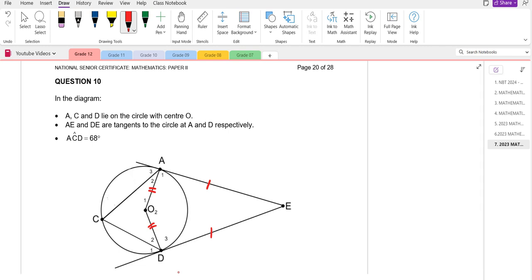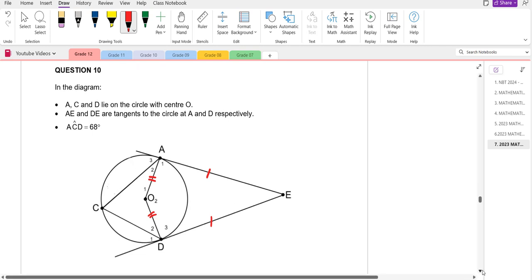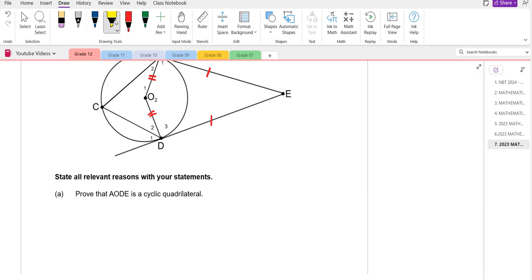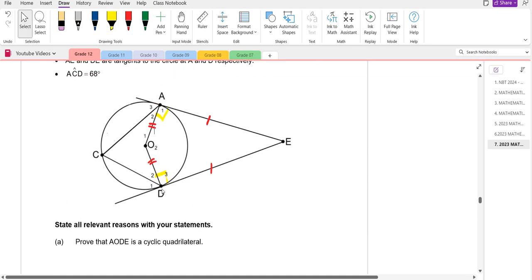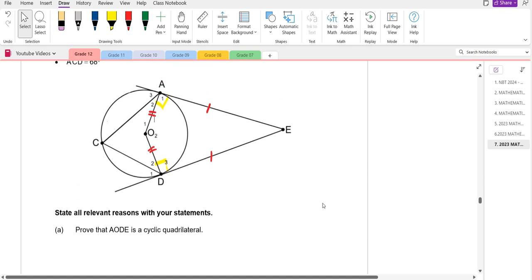Okay, so let's continue. So remember this is also 90, right? Because tangents meet chord. Prove that AODE is a cyclic quadrilateral. AODE, it is, because now we prove that the opposite angles are supplementary. This is so simple.